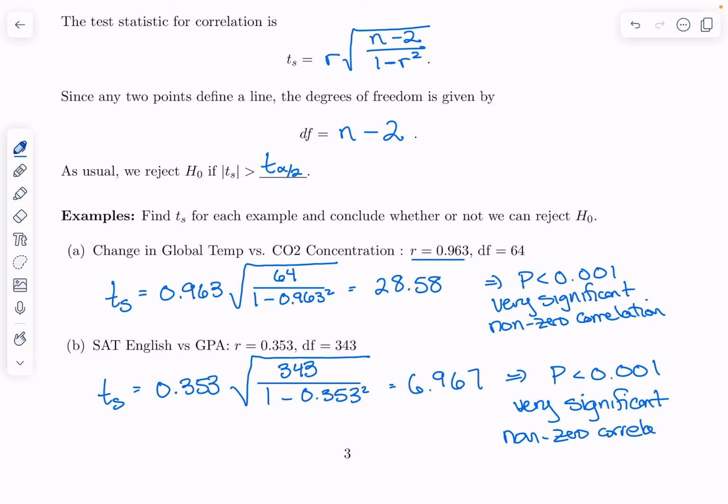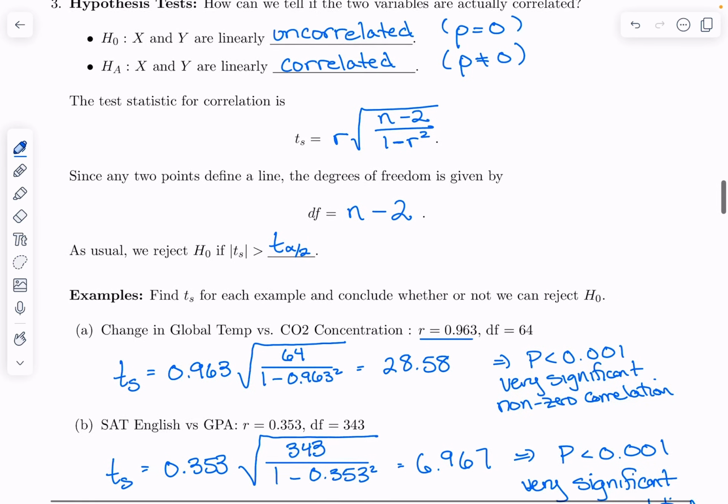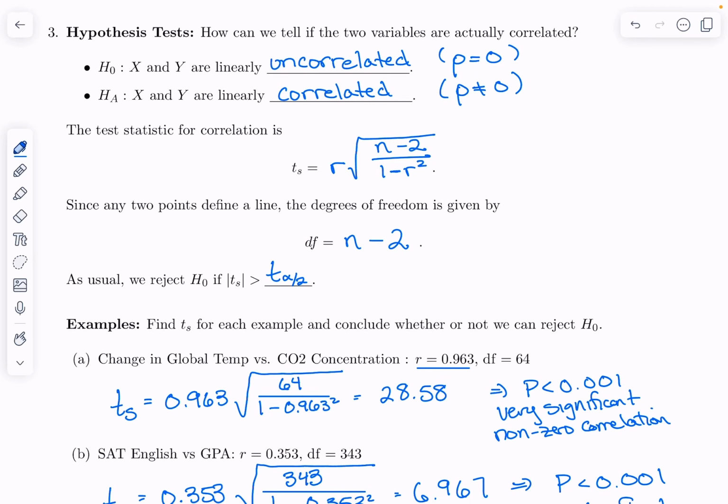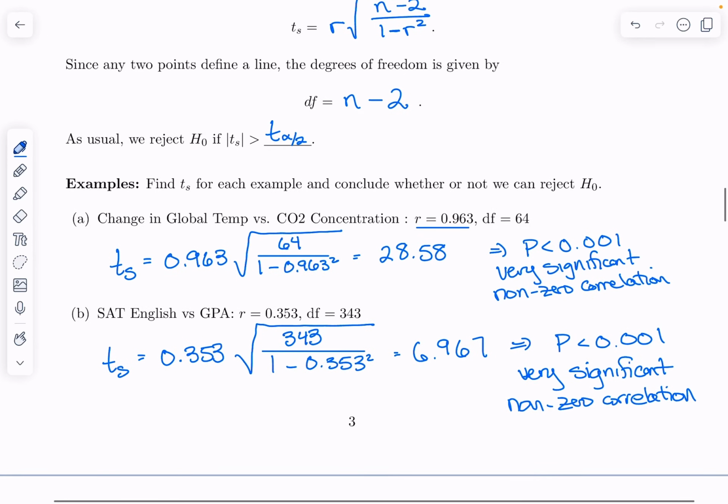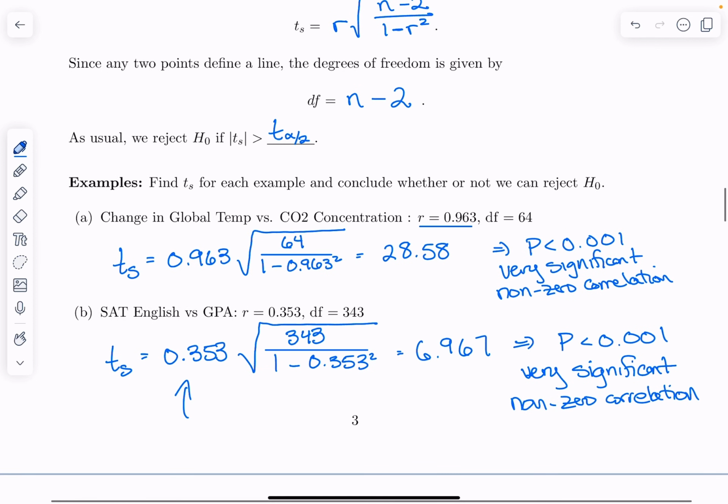Now you may say to yourself, wait a minute, the correlation is 0.353, which is not very close to 1. And so you would think this is a weak correlation, and it is a weak correlation. But the test that we're running to determine whether two variables are correlated is only testing to see whether correlation is 0 or not. And so what you have here is a weak correlation, but that weak correlation is significant in that it's not 0.